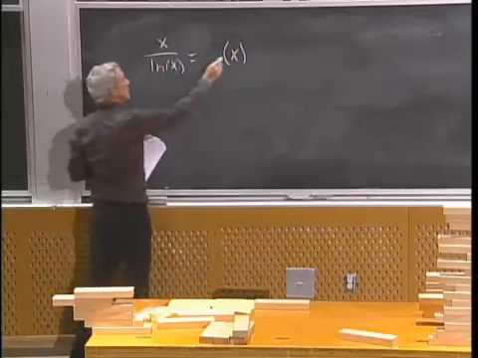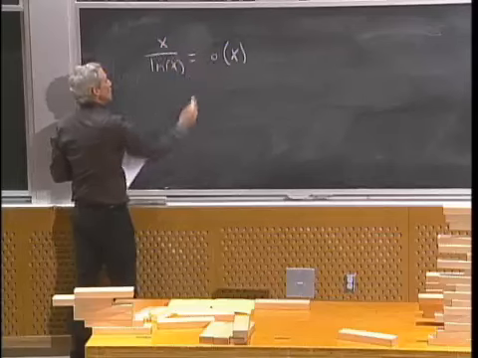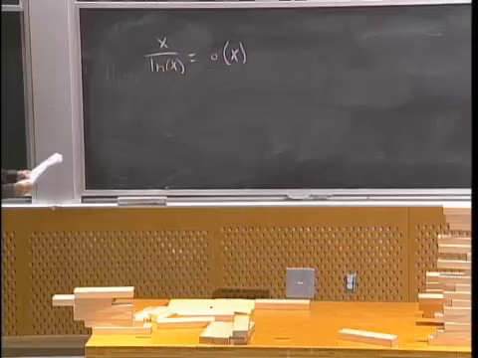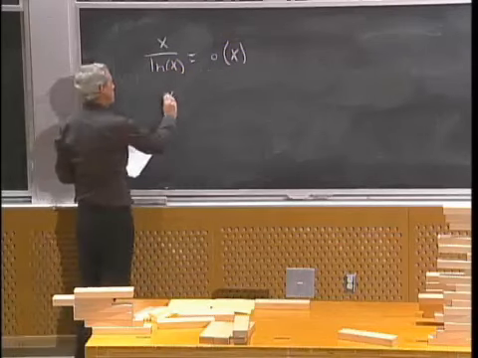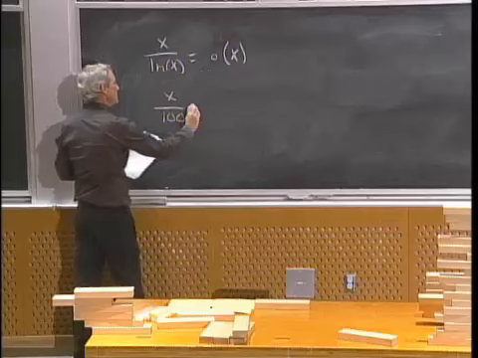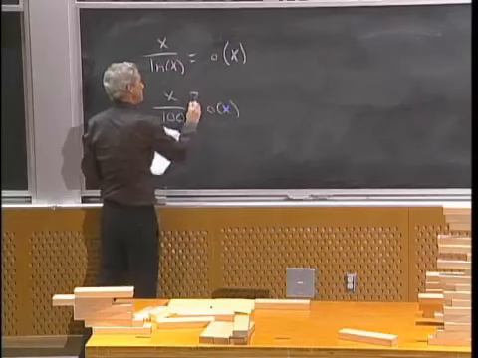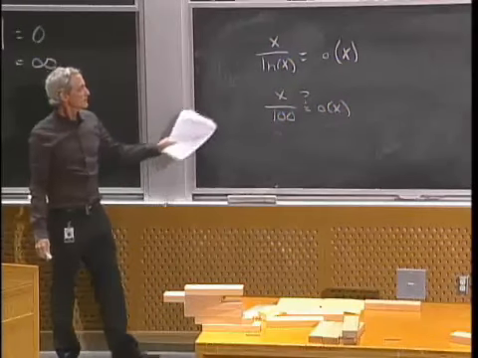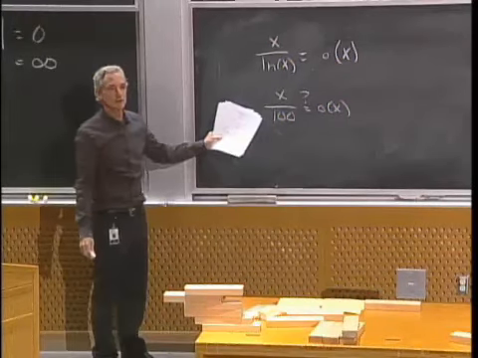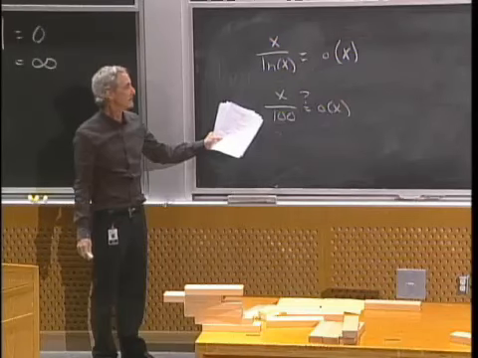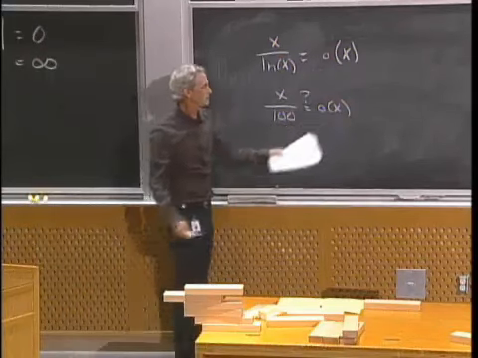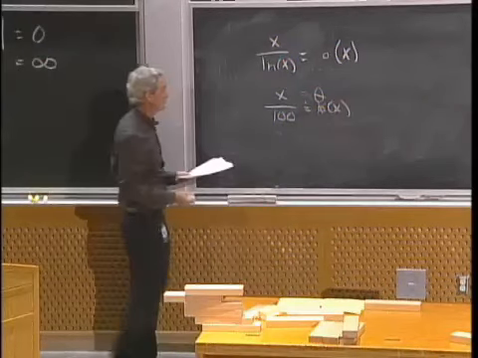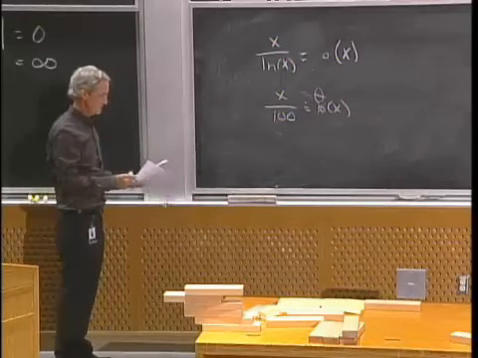This grows strictly smaller than that. If I took the ratio and took the limit, we got 0. So that's little o. Is this true? X over 100, is that little o of x? No. The limit of the ratio is 1 over 100. That's bigger than 0. Constants don't matter. So what symbol would go here? Theta goes here. Good. Also big O and big omega, but theta captures everything.